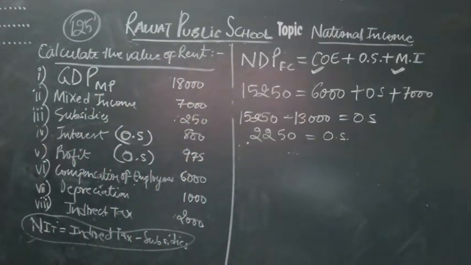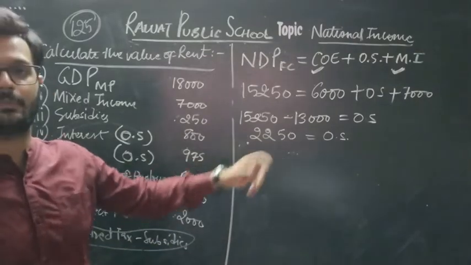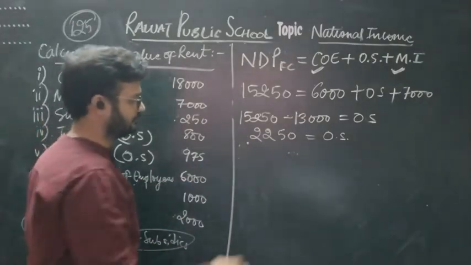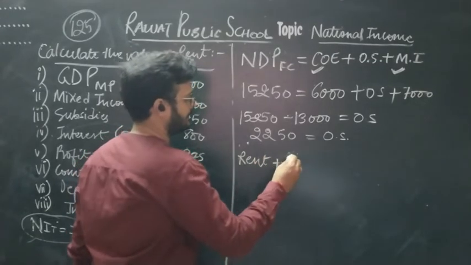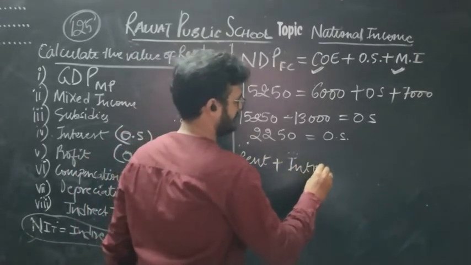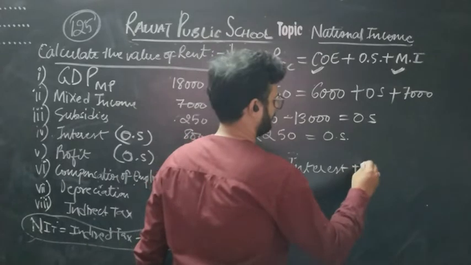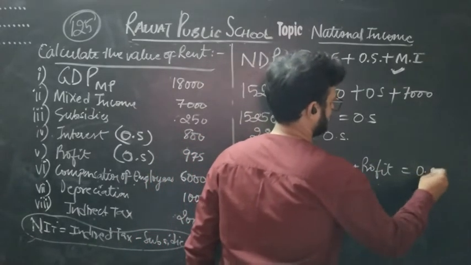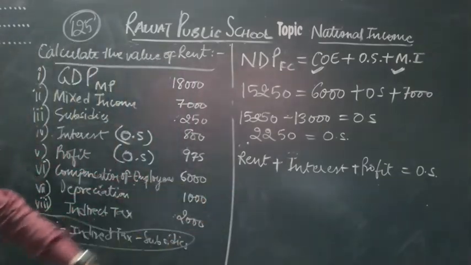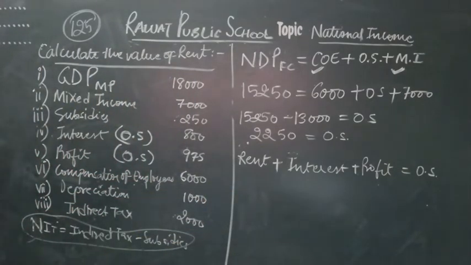Now many of you might be thinking, sir, why have we calculated operating surplus? What is the use? If you remember, rent plus interest plus profit is operating surplus. To fill this formula, we needed the value of operating surplus.